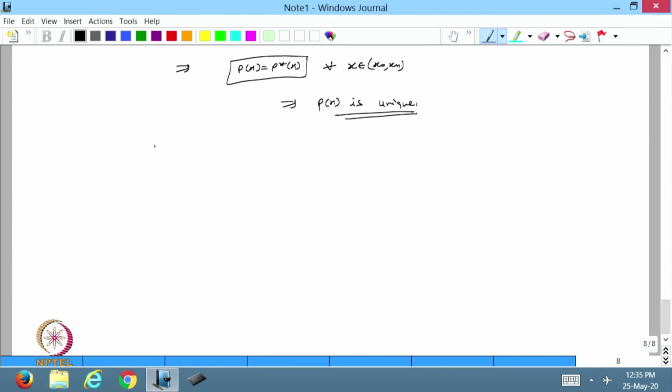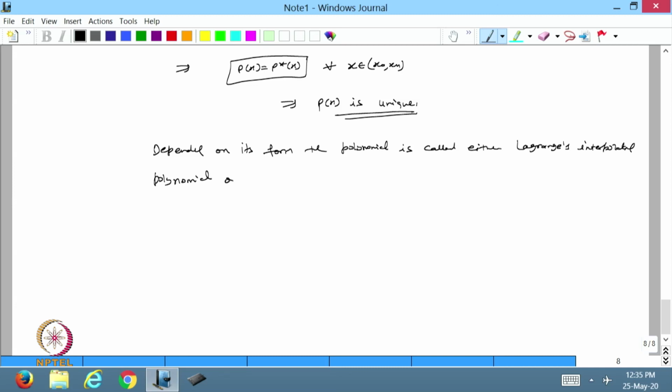So from here I can write that, depending on its form, the polynomial is called either the Lagrange interpolating polynomial or the Newton interpolating polynomial.